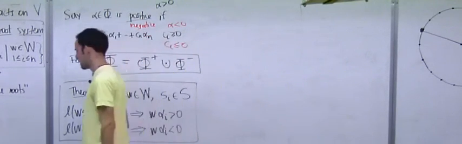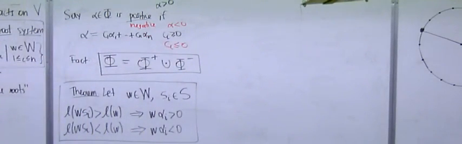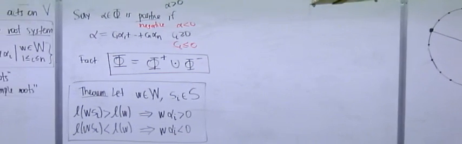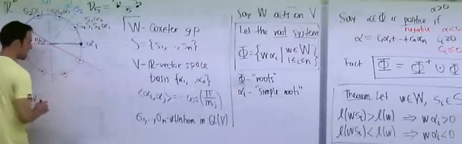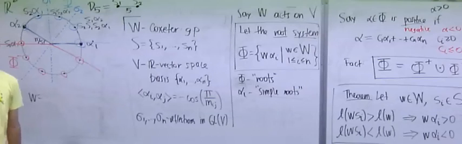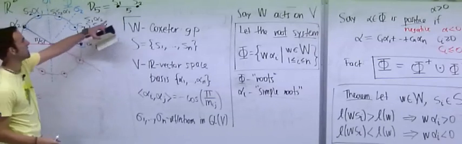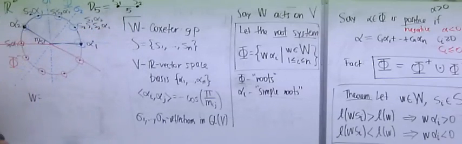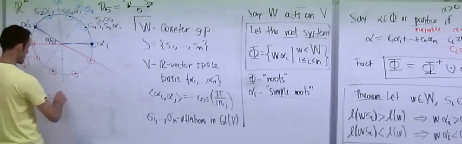So, for example, let's go over here and let's try to figure out, I don't know, let's take some group element. Who wants to tell me a group element here? Someone. s1 s2 s1 s2.